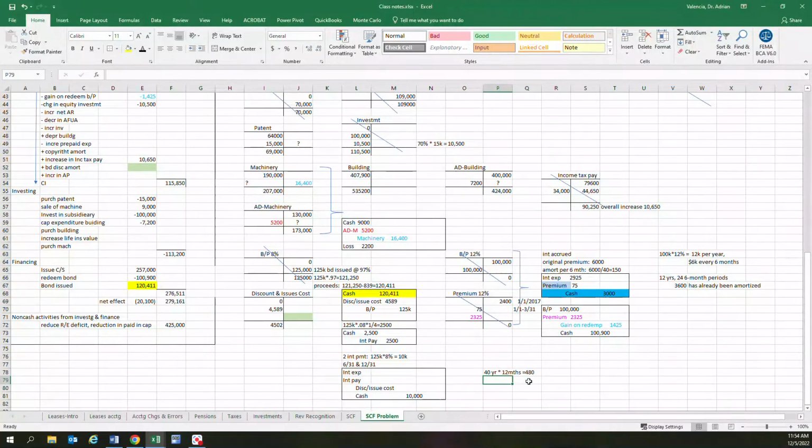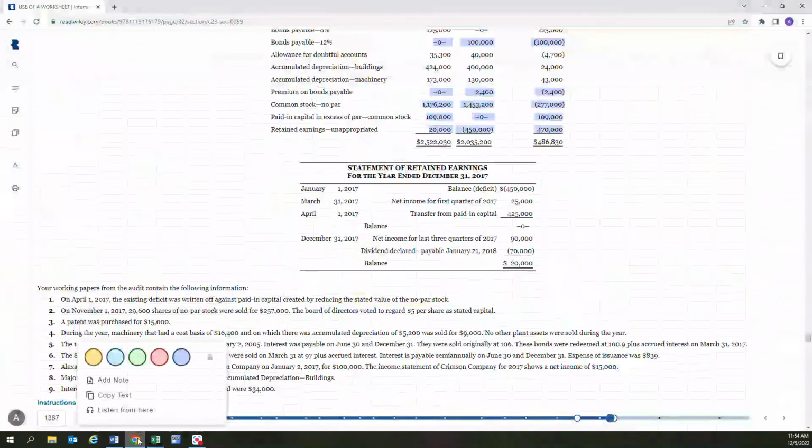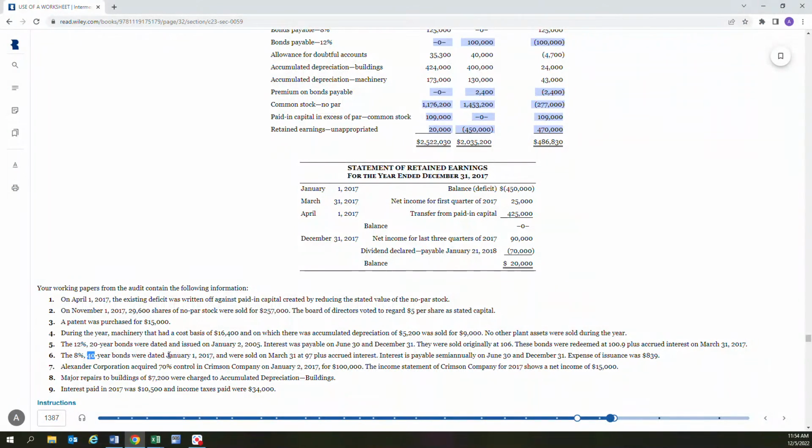But here's something you've got to be really careful about, and this goes back to issuing bonds between interest payment dates. For those first 3 months that the bond was not issued, you do not amortize any discount, because recall that this bond is dated January 1st, but it was sold March 31st.